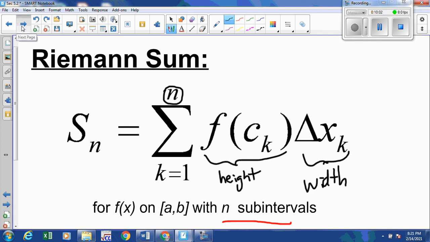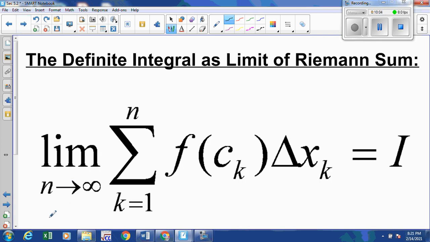So what we can do is take the limit of this Riemann sum as n goes to infinity. That means as we get an infinite number of rectangles, each subinterval gets infinitely small. That's why our c sub k doesn't matter: our subintervals get so small, as we get an infinite number of them, that it doesn't really matter if you're left, right, or center. It's going to be basically the same value.